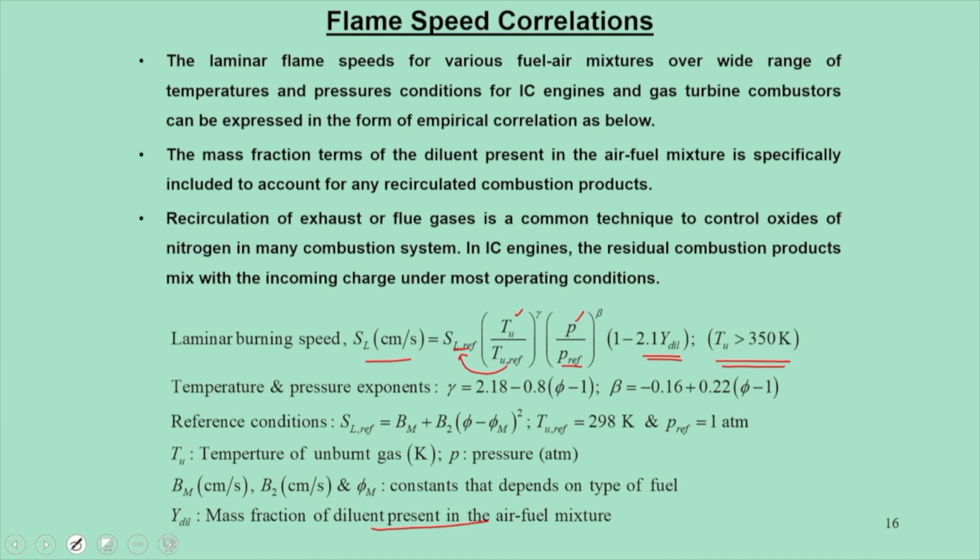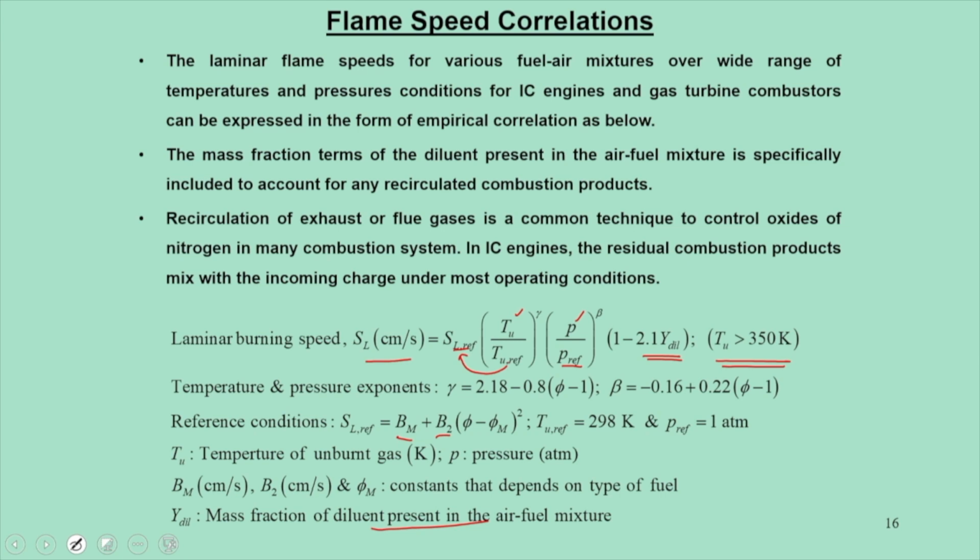This reference condition is calculated by some parameters which are specific to the fuel air charge. We can get these from a data book, and phi, b1, b2 are constants that depend on that. So all the numbers are known.